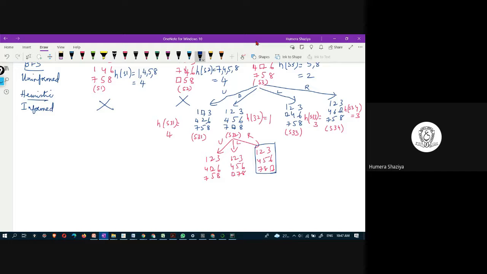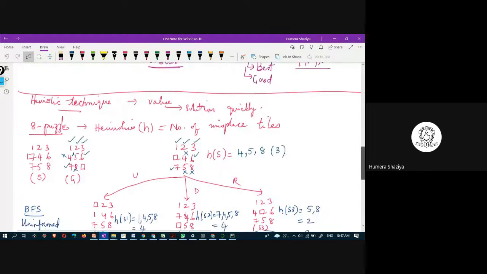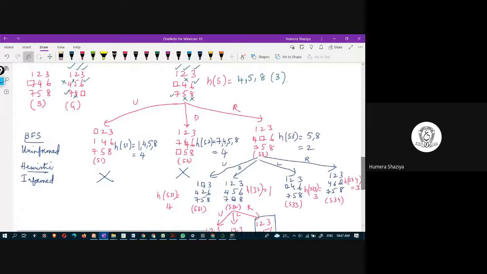That is not the case in BFS. Why? Because in BFS, we have to expand 1, 2, 3, 4. Then from here we have to start, 5, 6, 7, 8, 9, then 10, 11, 12, 13.